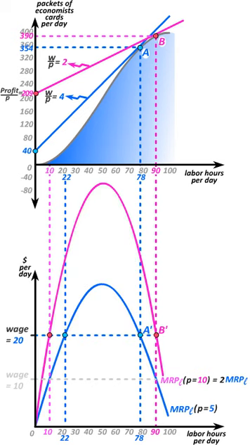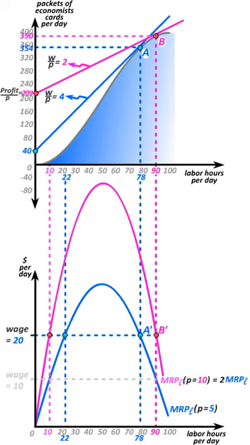When we developed the top portion of the graph, we noted that it looks exactly identical to the top portion of panel A of graph 11.6. In 11.6, we lowered the wage from 20 to 10, whereas here we increased the price from 5 to 10.